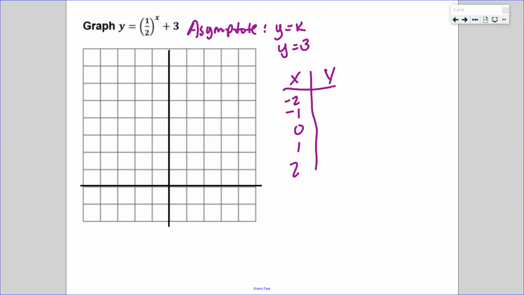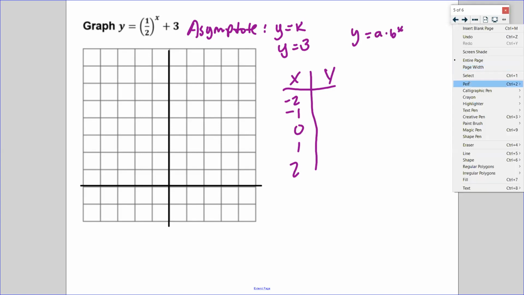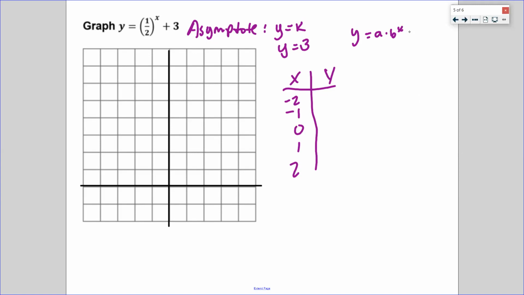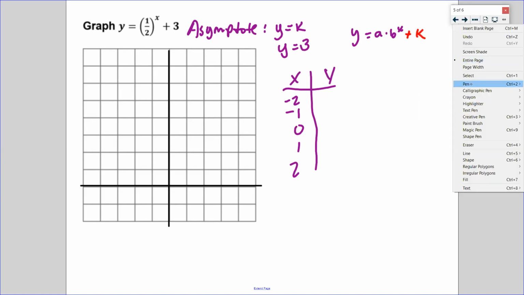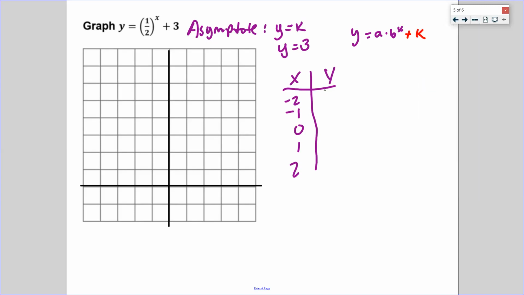So what I like to do is y equals a times b to the x first, and then at the very end, any translations that we would have. So in purple, I'll do that first.